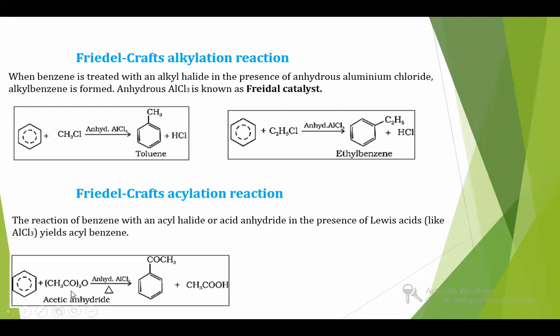So this is benzene and acetic anhydride, and in the presence of anhydrous aluminum chloride it gives acyl benzene, C6H5COCH3, with the formation of CH3COOH.